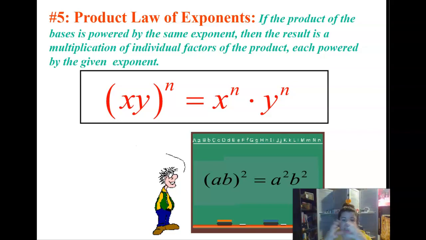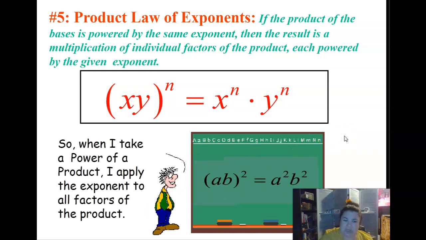So then it's just saying, if we have something that looks like this, you're going to give that n, or whatever the exponent is, to each variable or number that's in here. So these are variables. These are our letters. So we just kind of distribute it out. Okay? So it'll be a to the 2nd power, b to the 2nd power.